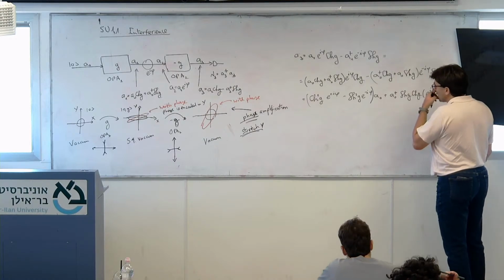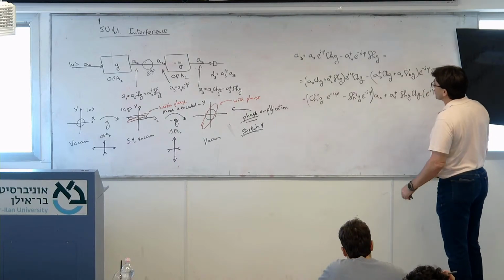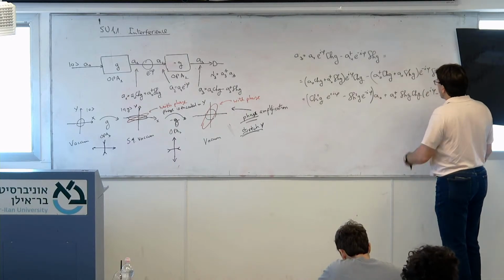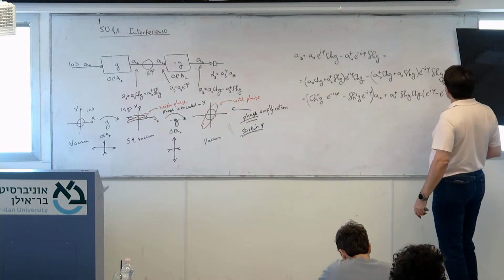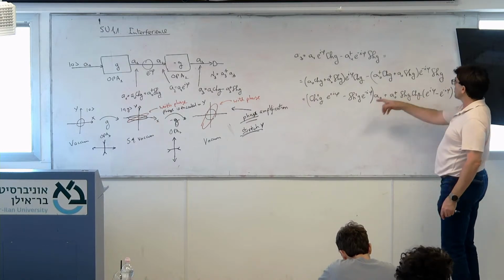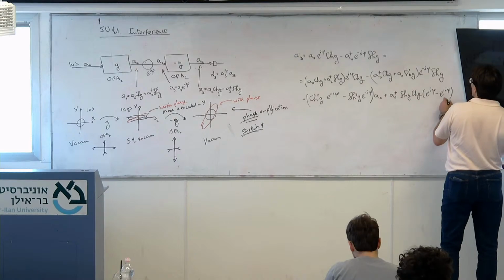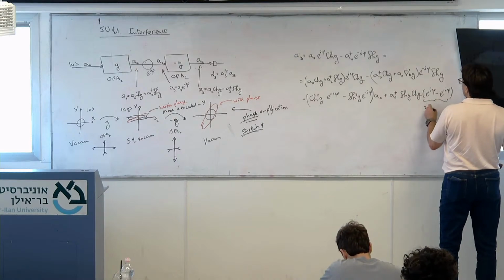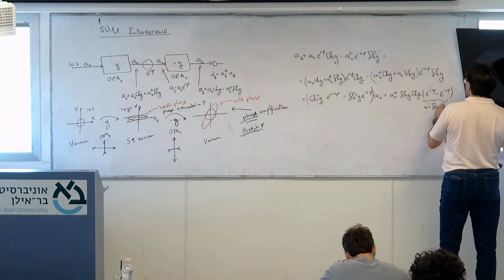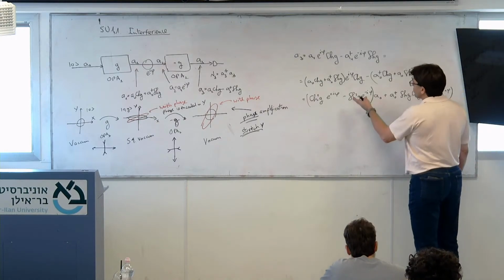And you can see why there's an interference here. The phase makes a difference both here and there. So this is like 2i sine phi, and here we'll have something.